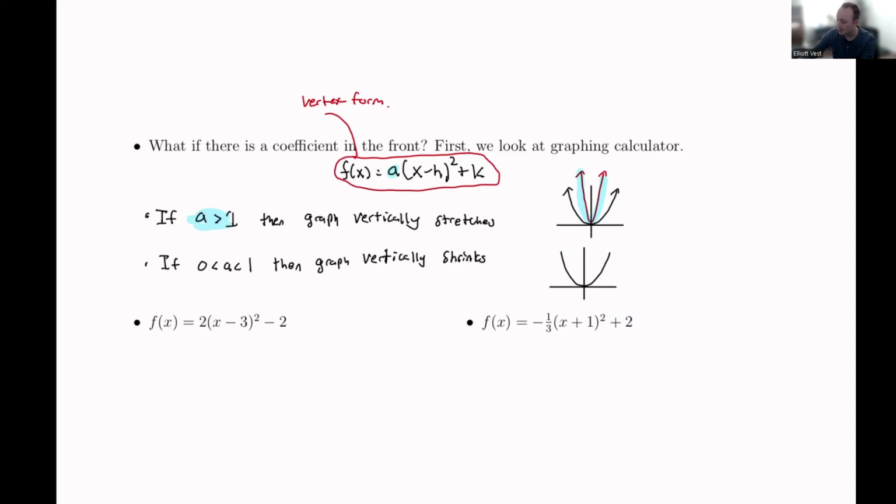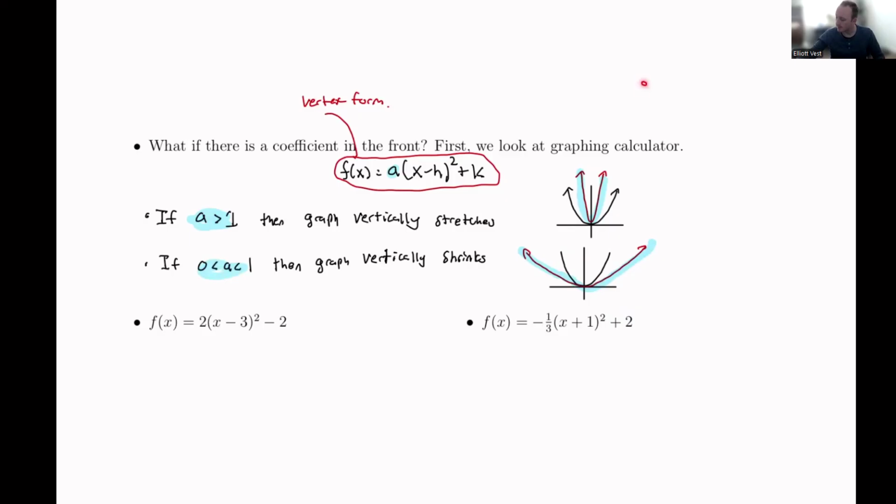Let me copy and paste this. I don't really care if you know the actual name, but a vertical shrink looks something more like that. Whenever you have a fraction for your a, a fraction less than 1, you have a graph that looks more like that. And that's pretty much all you need to know to graph any parabola.